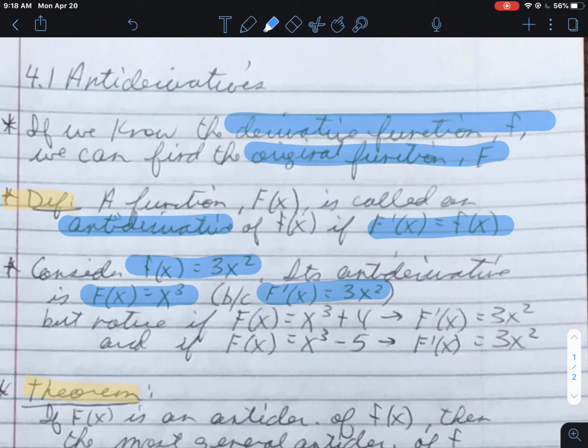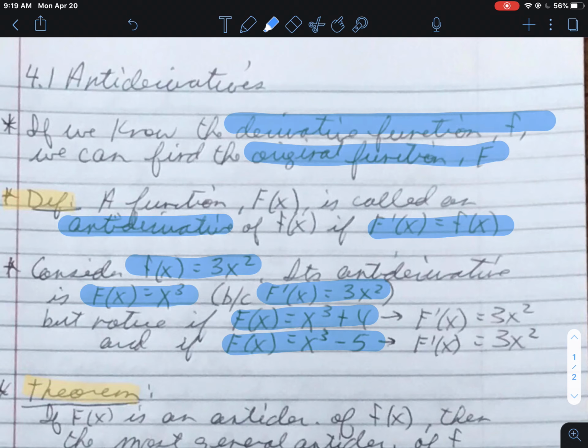But notice, if I let cap F of x be x cubed plus 4, the derivative of x cubed plus 4 is still 3x squared. If I let cap F of x be x cubed minus 5, the derivative there is still 3x squared. So you have all these different functions that all have the same derivative, 3x squared.